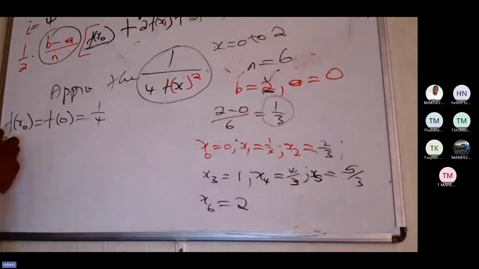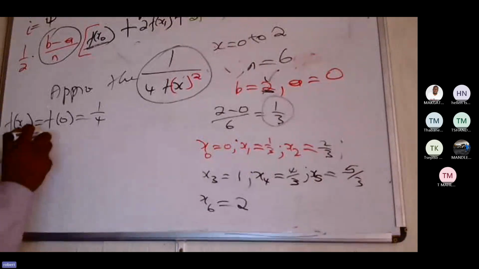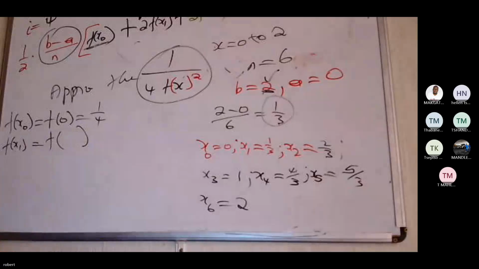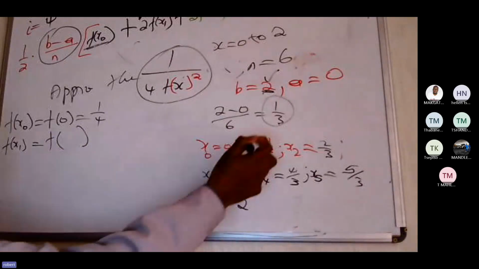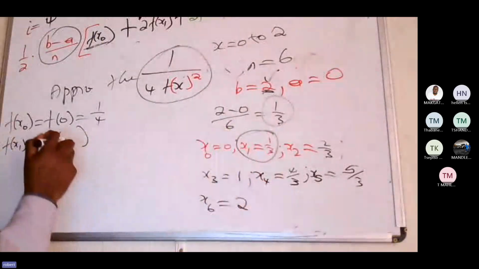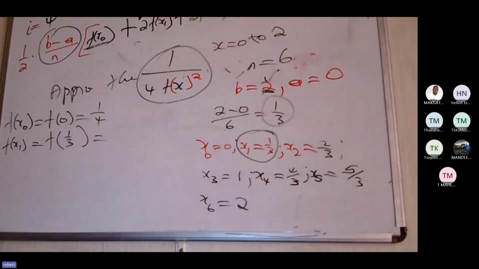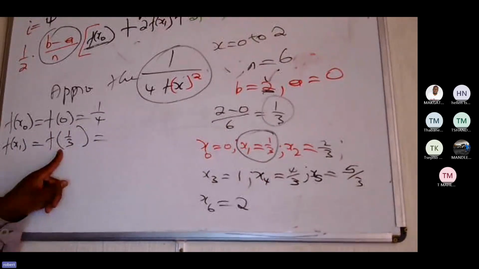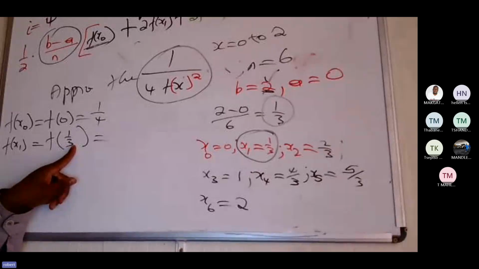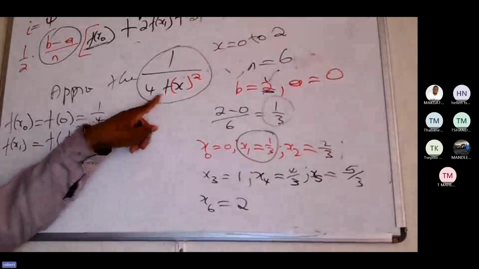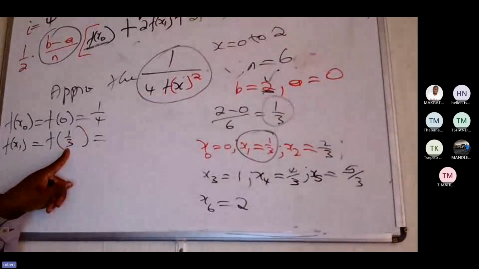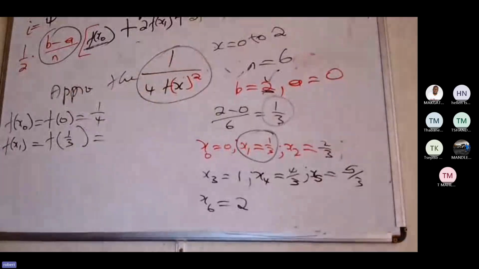So what is f of x1? What is x1? x1 is 1 over 3. You must now go to f and replace x by 1 over 3. Just tell us the final answer.